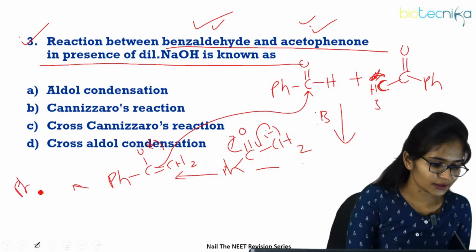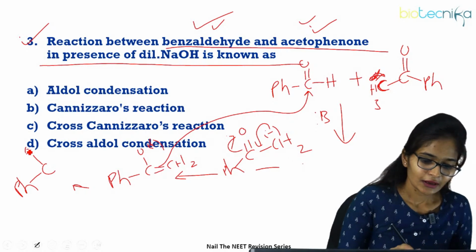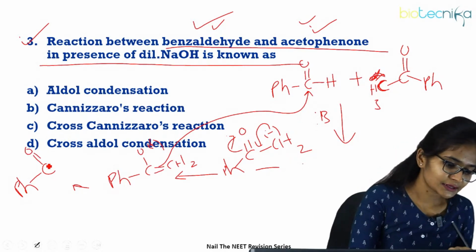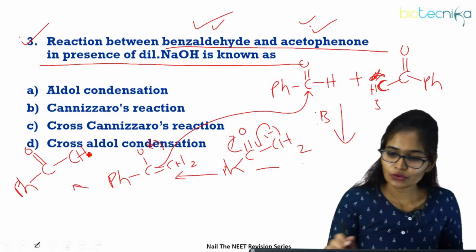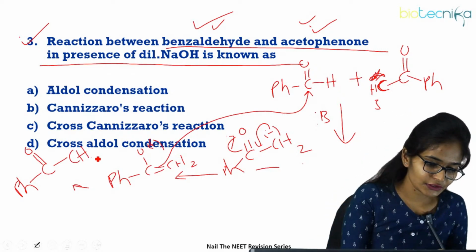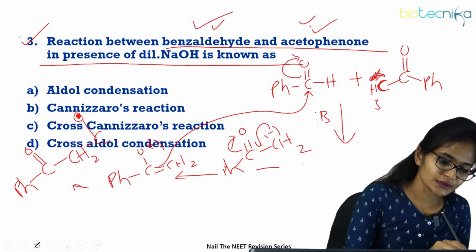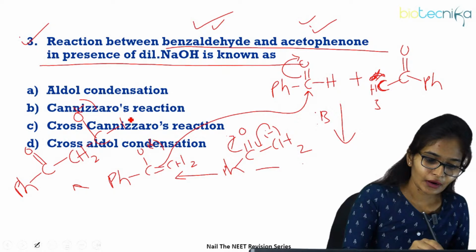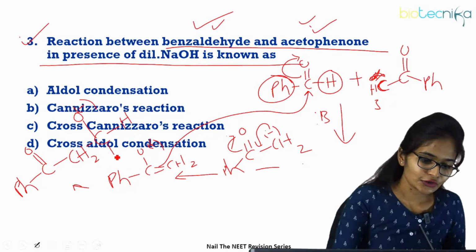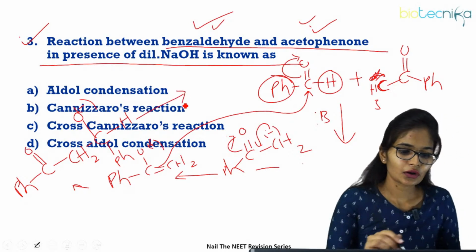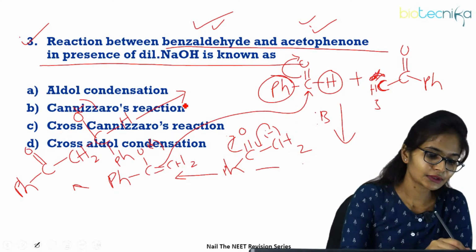This will be Ph, and very adjacent to that you have the carbon carrying oxygen. Now it gives its electrons back. So the CH attached to the newly added benzaldehyde, I will show CH2C, and the electrons shift towards the oxygen which carries a negative charge.